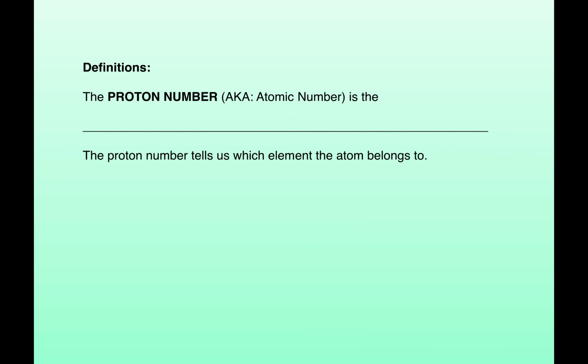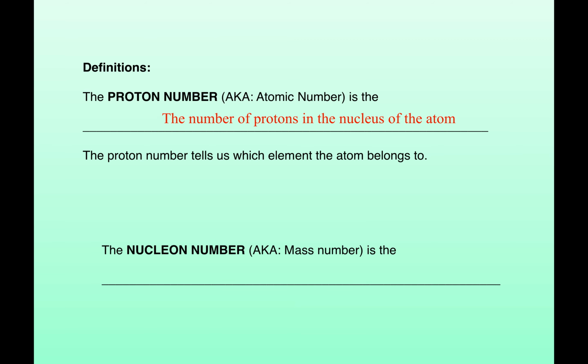Definitions that we need to have. The proton number, also known as the atomic number, is very simple, as the name implies, the number of protons in the nucleus of the atom. The proton number tells us which element the atom belongs to. The nucleon number, also known as the mass number, is the number of all of the particles in the nucleus.